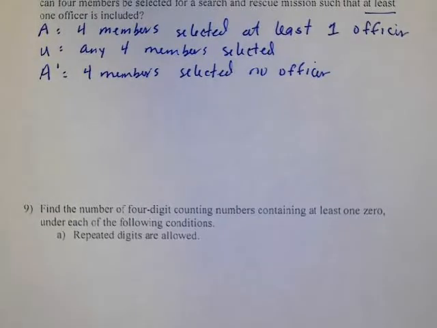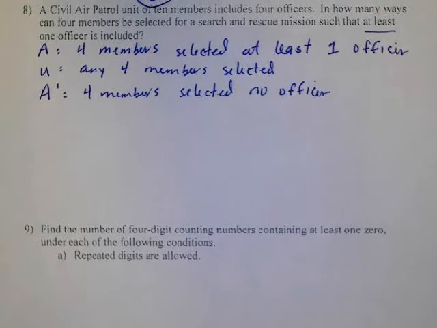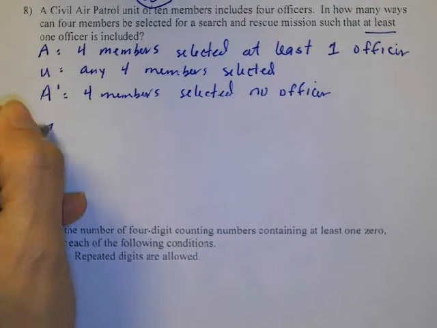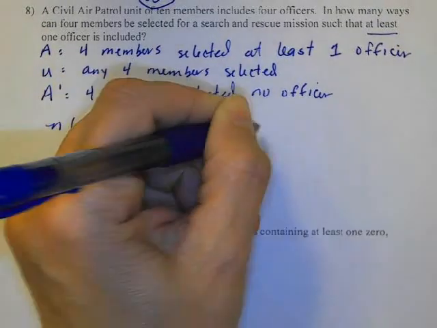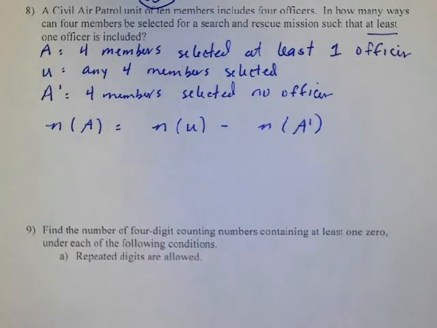So I think it's helpful to write in words what A, U, and A prime represent. Now I'm going to use my formula: n of A equals n of U minus n of A prime.